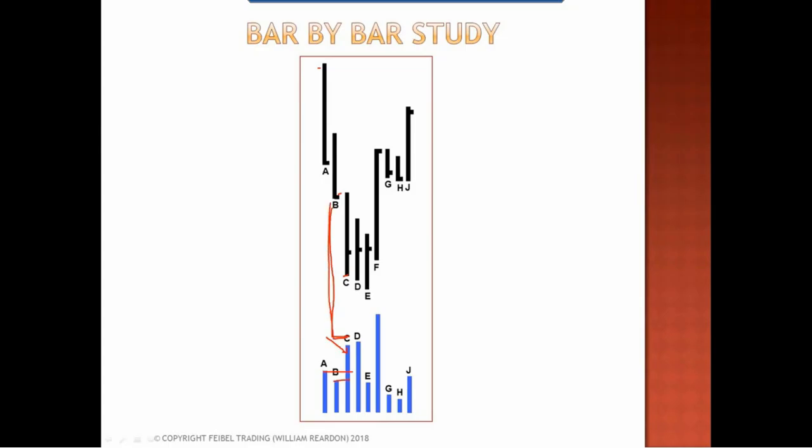Therefore, we know buying must have occurred. In addition, we close off the lows, which indicates a little buying. Don't forget, we have still made a lower low, and we are in a downtrend with increasing volume. That's why we use the word potential buying.